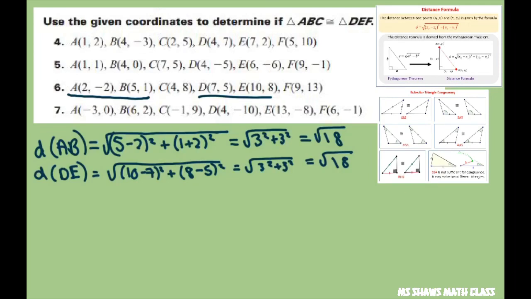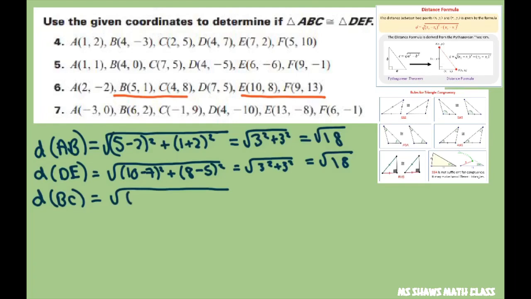So we have to move on, and we're going to do BC with EF. So the distance of BC equals 4 minus 5 squared plus 8 minus 1 squared. So that gives you negative 1 squared plus 7 squared. So that's 1 plus 49, square root of 50.